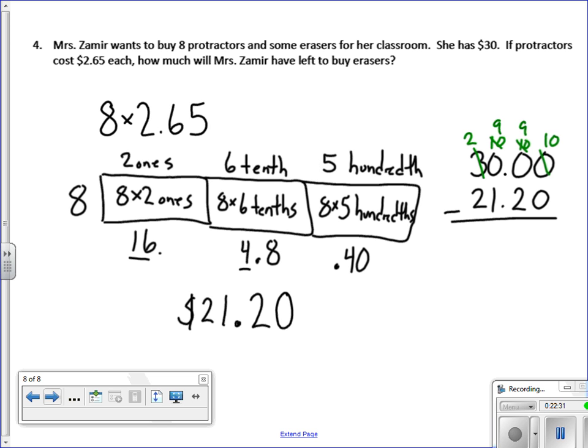Did we have to do that? No. So we leave this a 10. 0 minus 0 is 0. 10 minus 2 is 8. 9 minus 1 is 8. 2 minus 2 is 0. $8.80 she has left to buy her erasers.